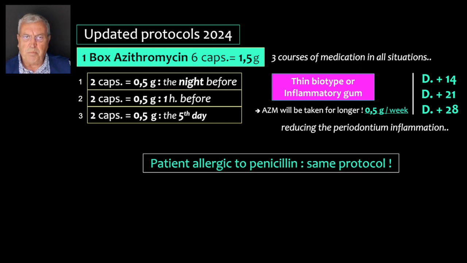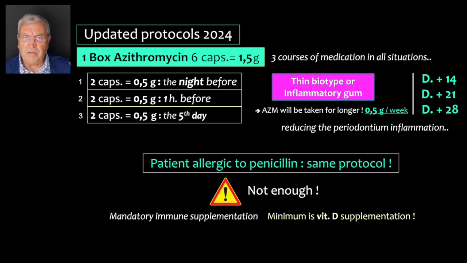We know that for patients allergic to penicillin, we need to change. We will use azithromycin with the same protocol, 2, 2, and 2. But it's not enough. We need to be careful because these patients are in oxidative stress and we must add an immune supplementation. I would say the minimum is vitamin D supplementation.